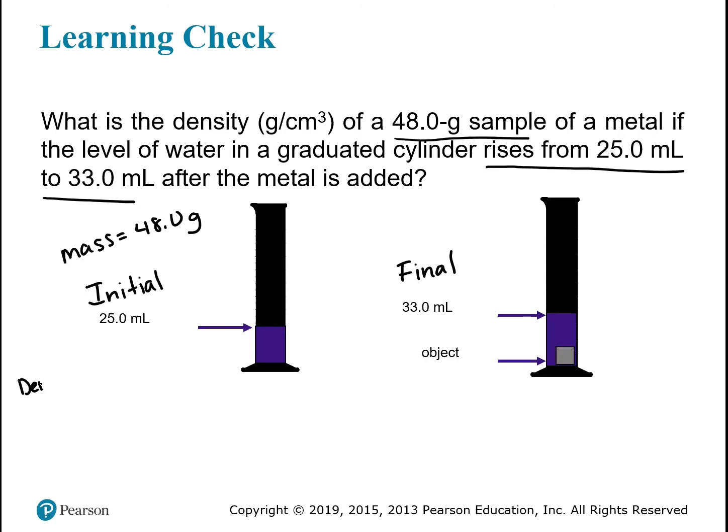And to figure out density, we need our mass in grams divided by the volume, which is in centimeters cubed. Let's fill in some numbers. Before we can calculate the density, we've got to figure out that volume. And that's going to be the difference between the final volume and the initial volume.